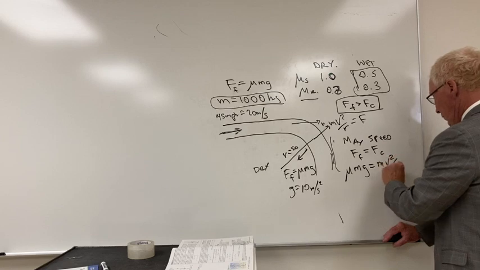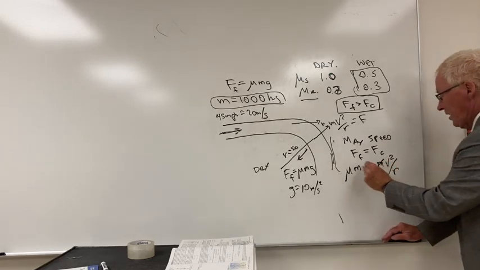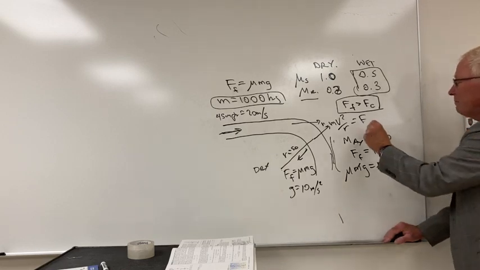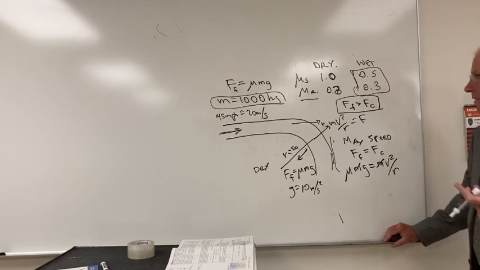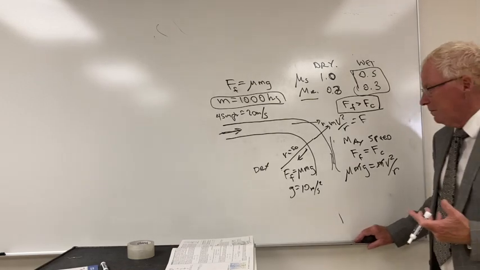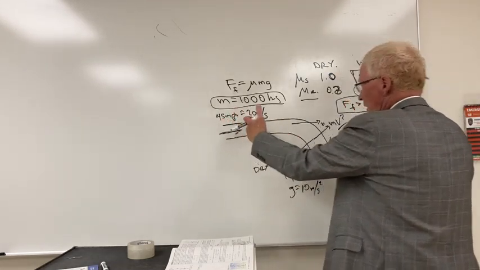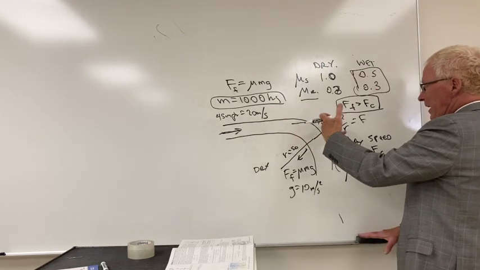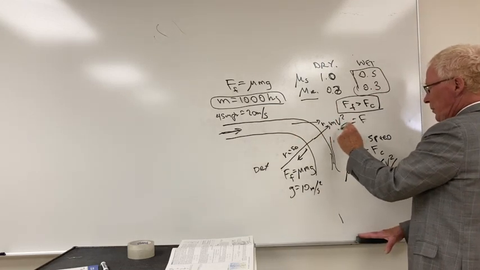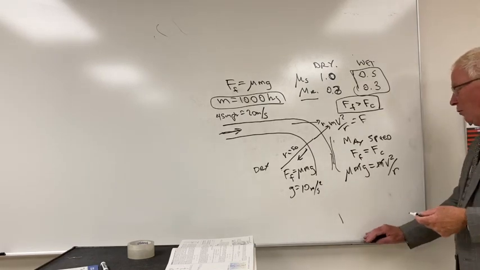equals mv squared over r. Now notice we have an m on both sides, and it turns out mass makes no difference at all. It's the kind of tires, but the weight has nothing to do with it. This is one concept people have a hard time with. When they've got a big heavy truck, they think it'll stay on the road. The problem is a big heavy truck has a lot of mass, so the centrifugal force trying to pull it out is going to be a lot more too.